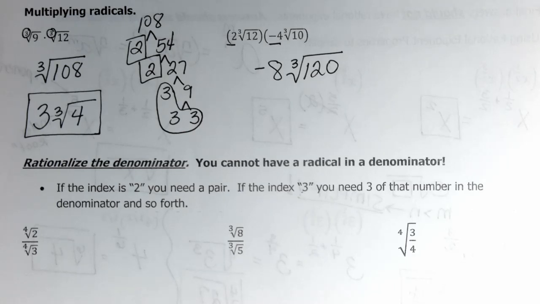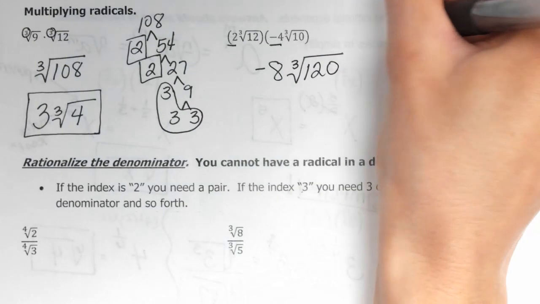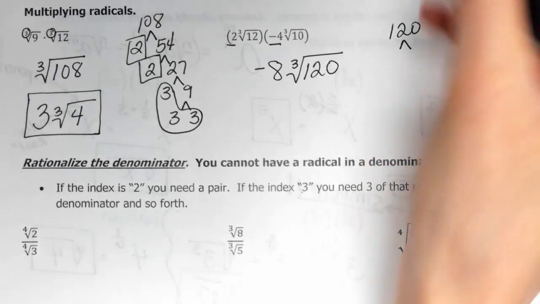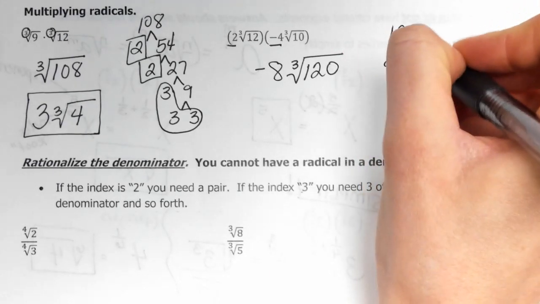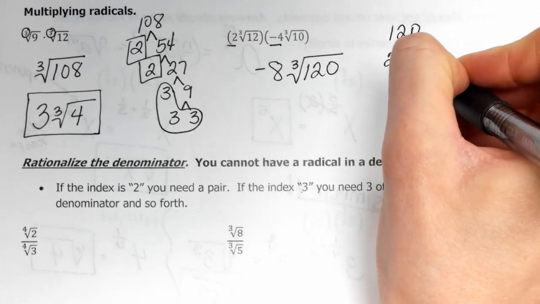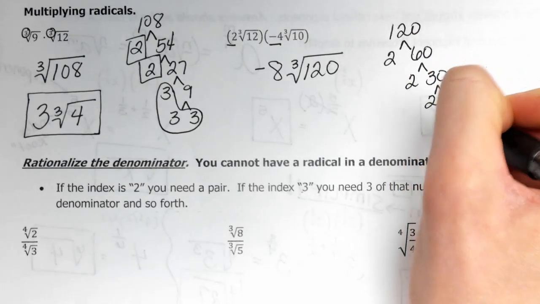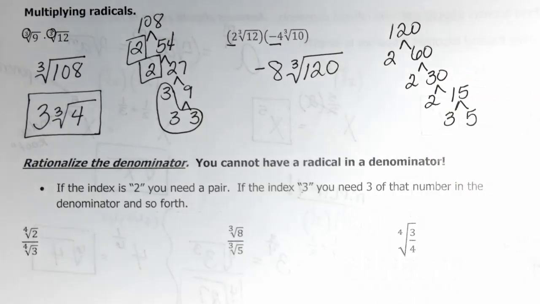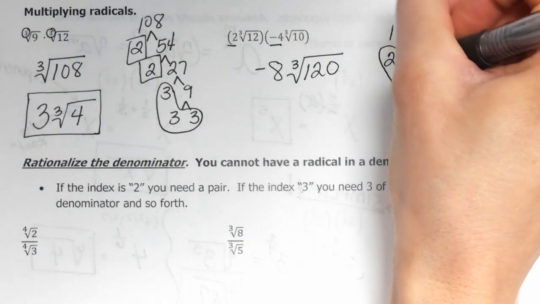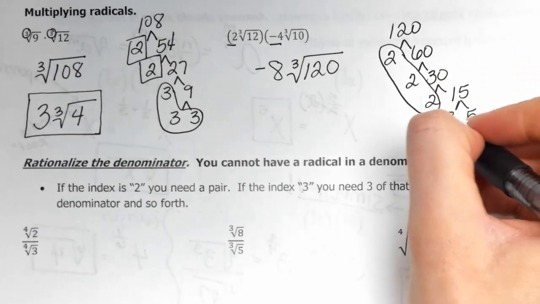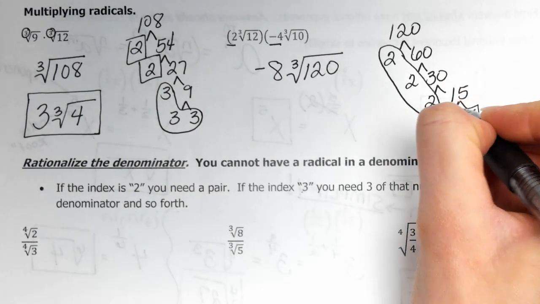I don't care about the negative 8 yet. So I'm going to take 120, and that splits 2 and 60, 2 and 30, 2 and 15, 3 and 5. It's a cube root, so I need groups of 3. My 3 and 5 are left over.